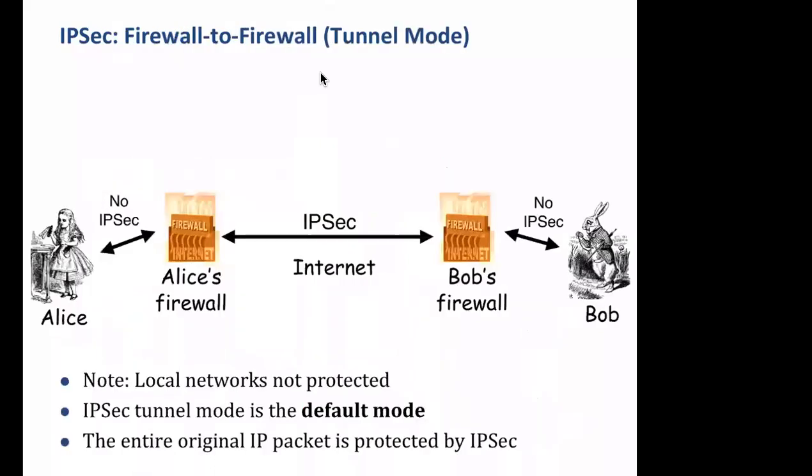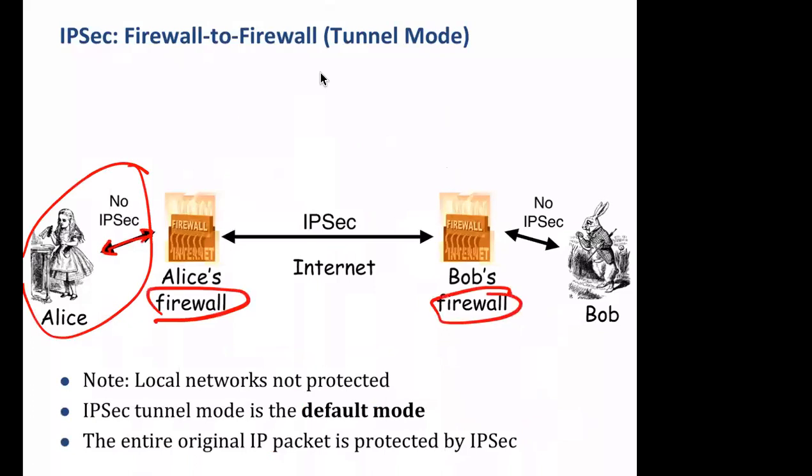So very simple. Now in this tunnel mode, there is no IPsec between Alice's machine and the gateway, and we call it a firewall also. What we are studying is actually a firewall or gateway. And then there is an IPsec tunnel between the two gateways. All right.